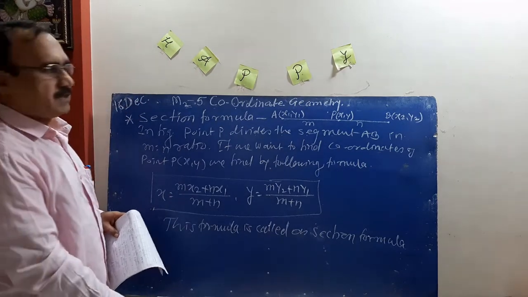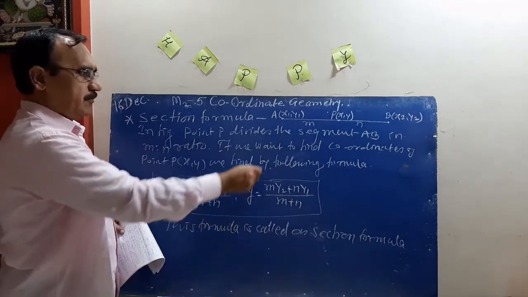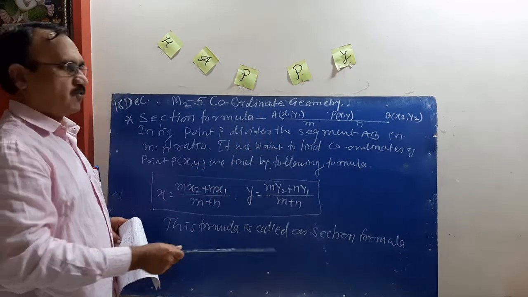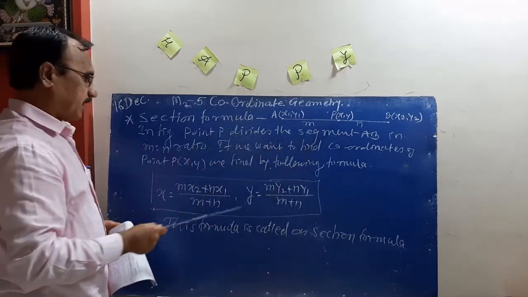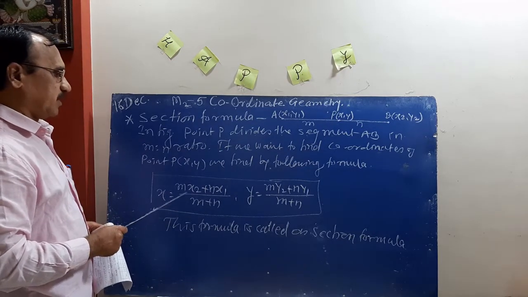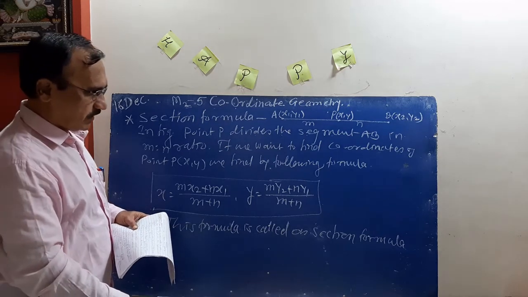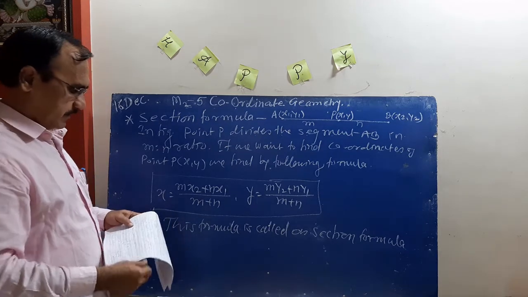See, this is a very easy formula. If point P divides segment AB in the ratio m to n, we can find the coordinates of point P by the section formula: x is equal to mx2 plus nx1 upon m plus n, and y is equal to my2 plus ny1 upon m plus n.